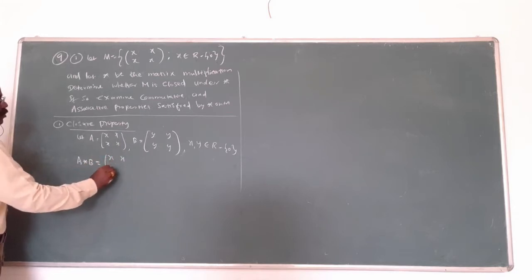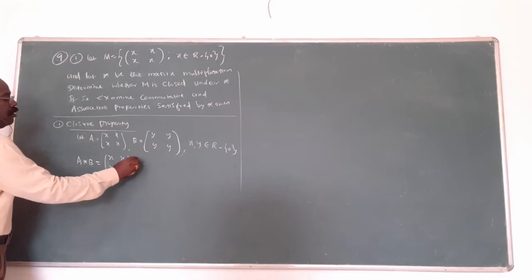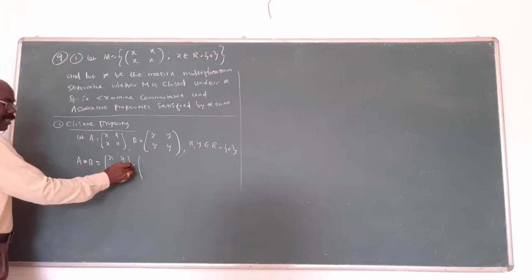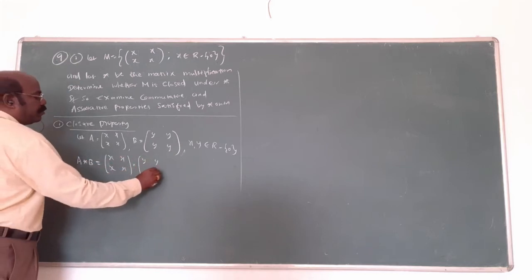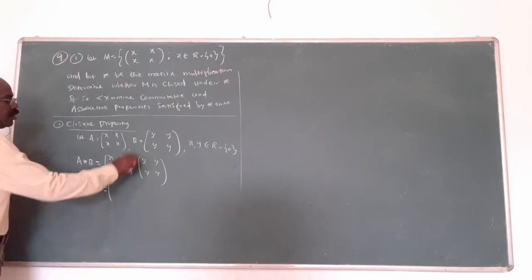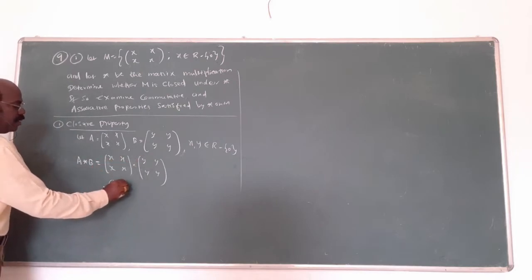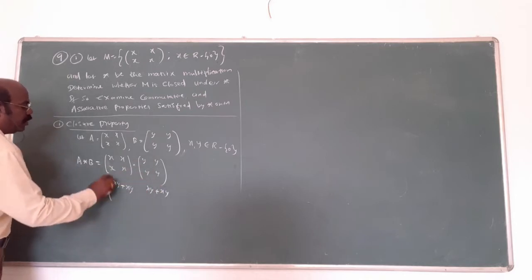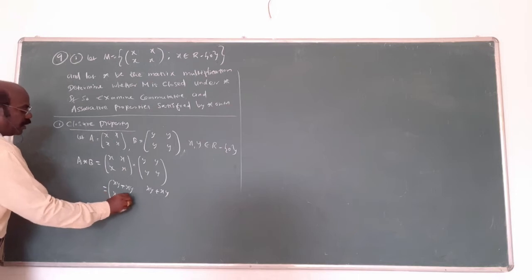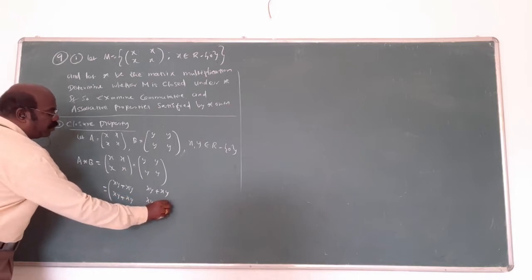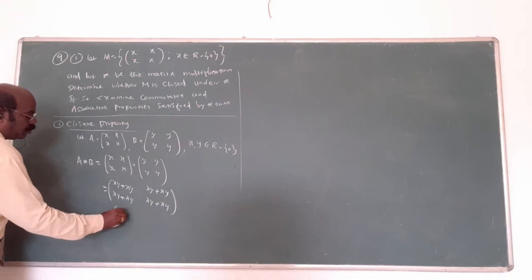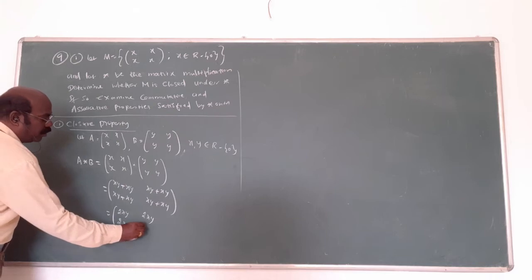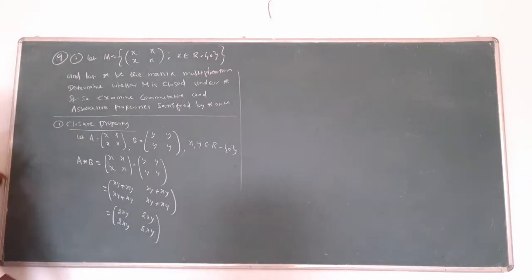First row, first column: x into y plus x into y. Second column: xy plus xy. Now what do you get? 2xy, 2xy, 2xy, 2xy.